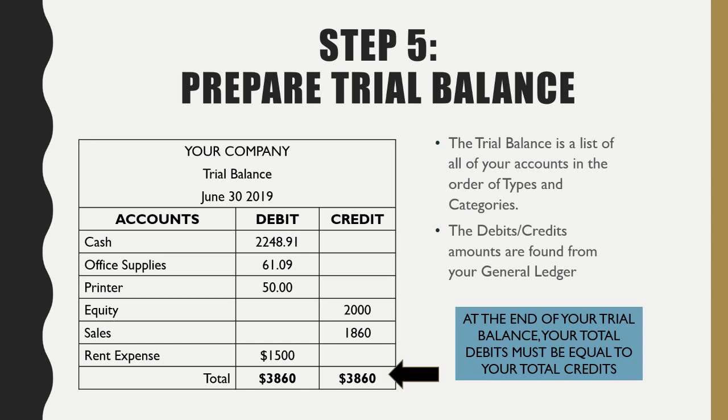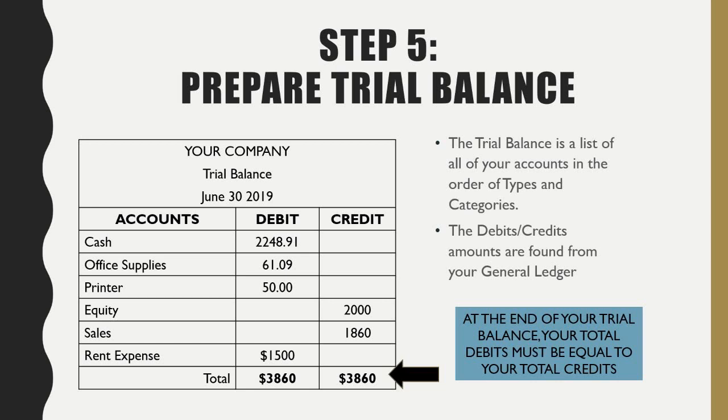You never really want to wait till the very end of the period to complete your trial balance, because you could have made your mistake at the very beginning of your period, in the middle, or even at the very end. So your accounting is very important, especially completing the trial balance.